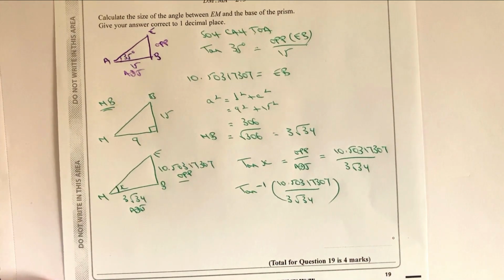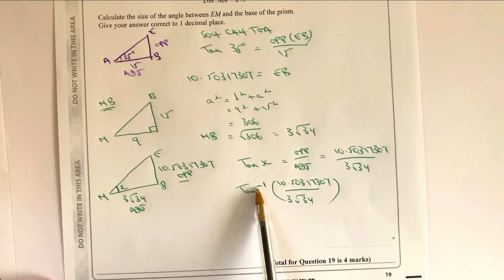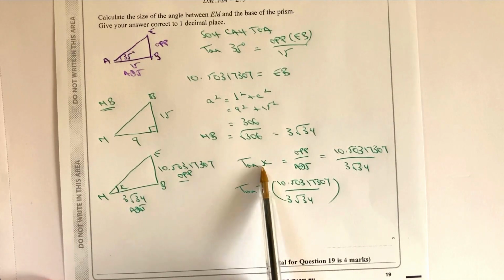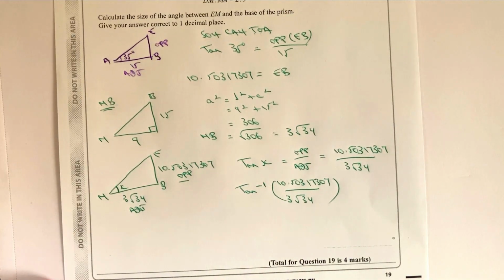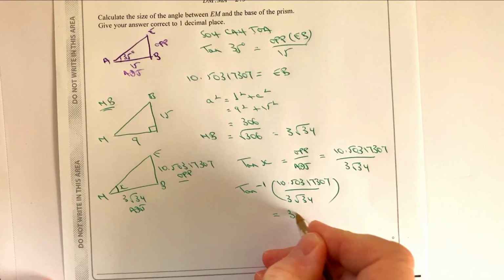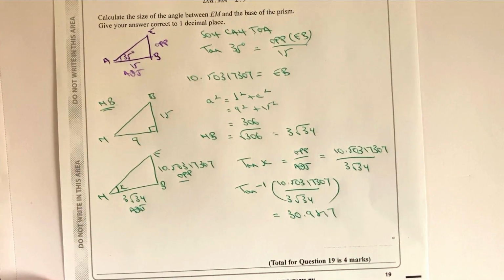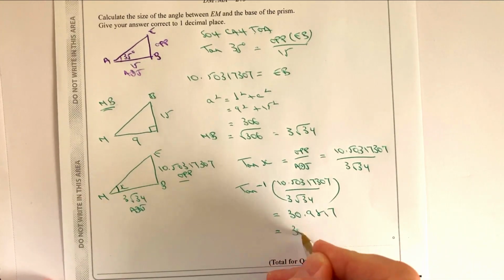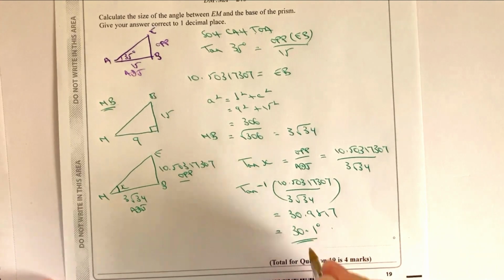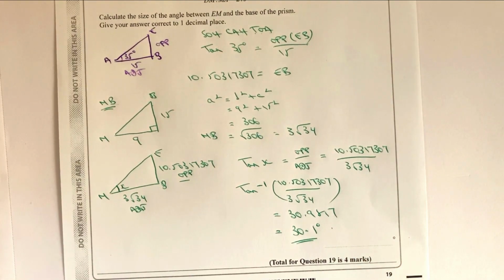Put that into a calculator and you should be able to access this by using Shift tan on a scientific calculator, and that's going to give you 30.9817, which in answer to the question correct to 1 decimal place is going to equal 30.1 degrees. Okay, and that would be the answer to question number 19.